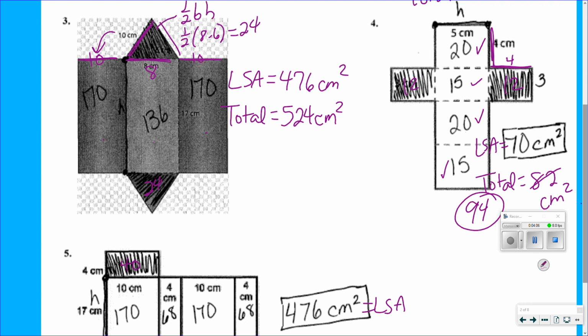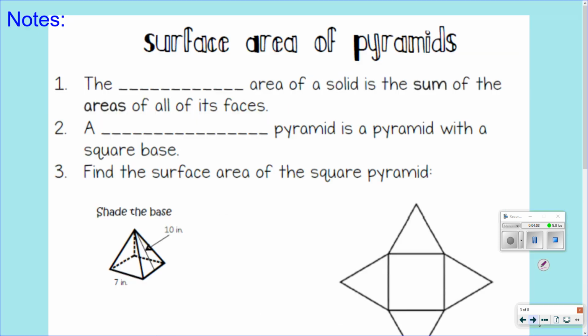Okay, then we're going to move on to today. So, yesterday we talked about surface area of prisms. Today we're going to talk about surface area of pyramids. Do you think that it's really going to be that much different? It's just a different shape, okay? The surface area of a solid is the sum of all the area of all its faces, okay?